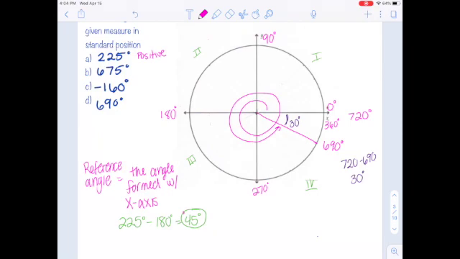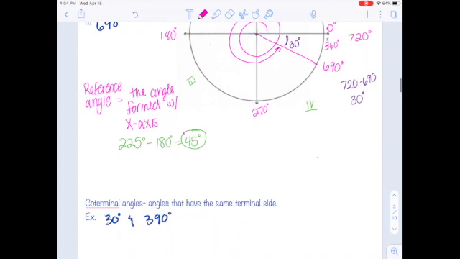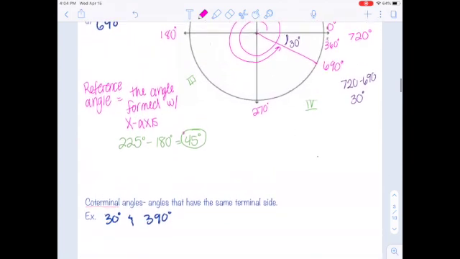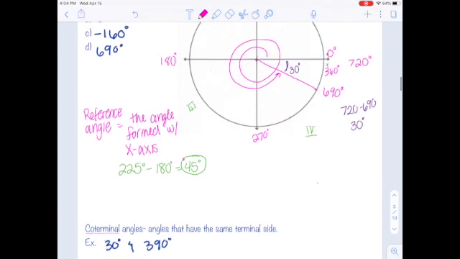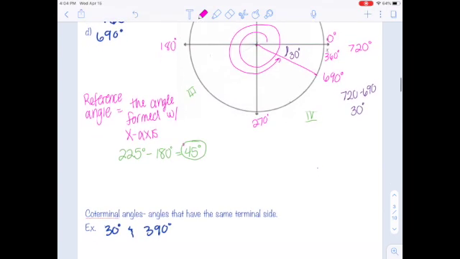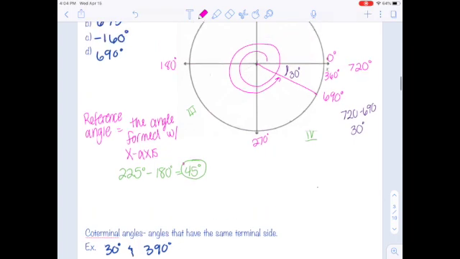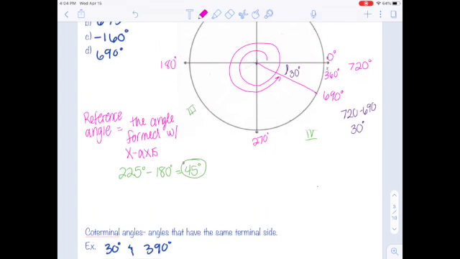Okay, all right, so hopefully that makes some sense because we're going to talk a little bit more about coterminal angles next. So what's another angle that has the same terminal side as 690? 690 has a reference angle of 30 degrees, right?